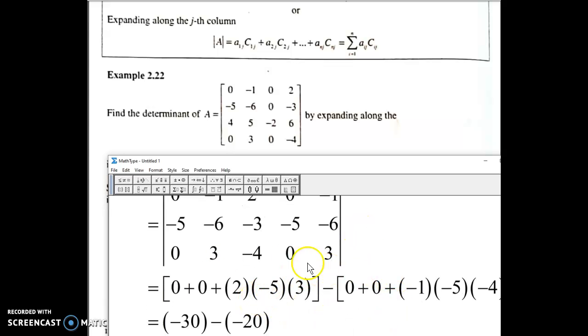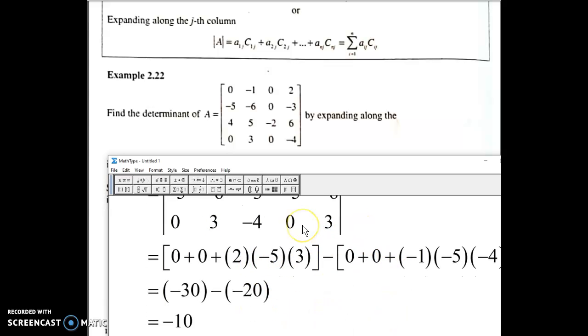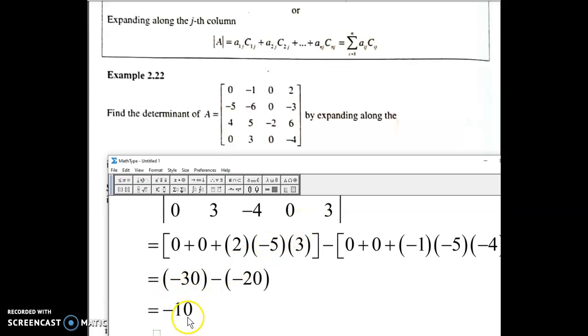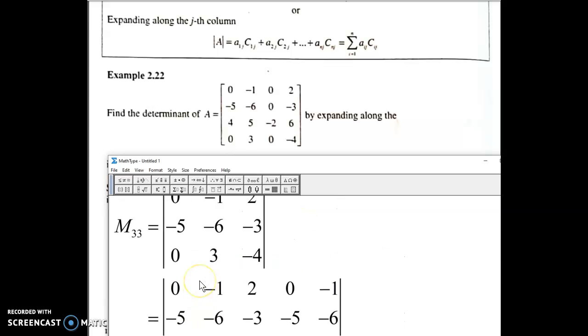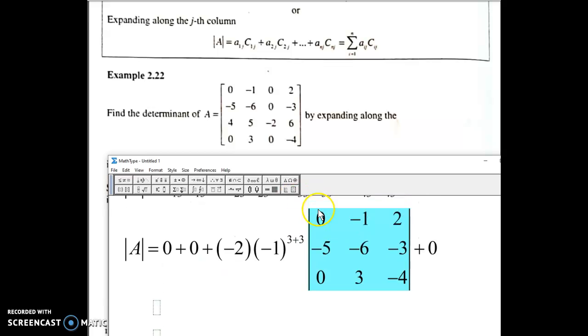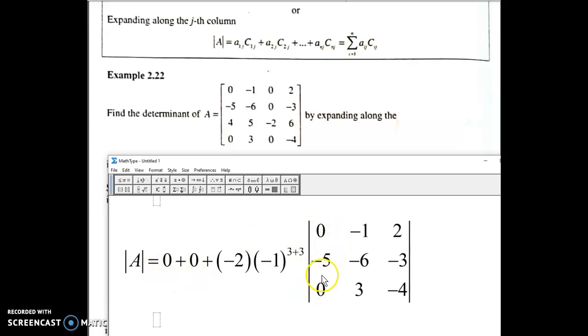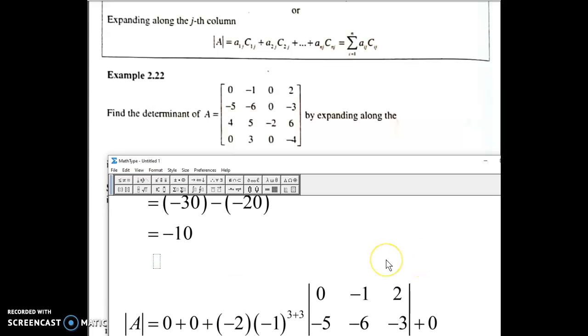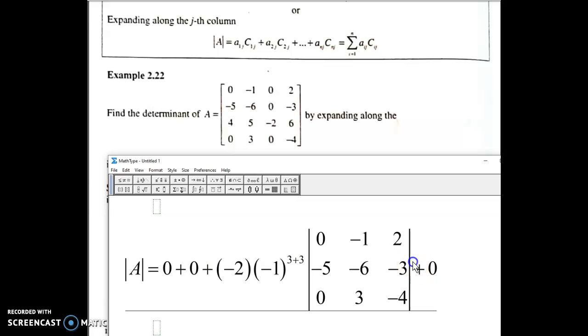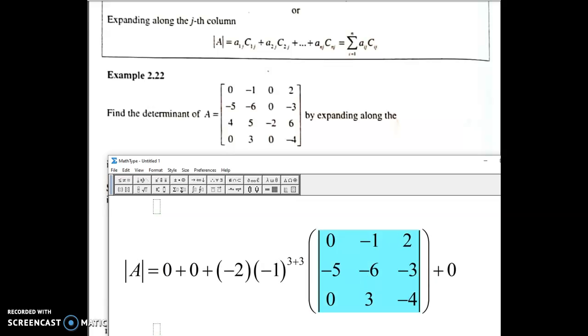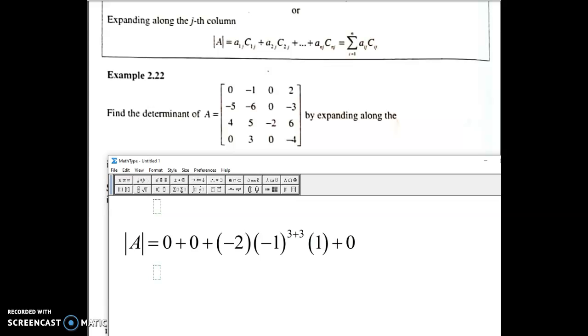This is how I do it, and I get -10 for this minor. So I'll just substitute it into our formula from just now, plus 0. So I get -10.